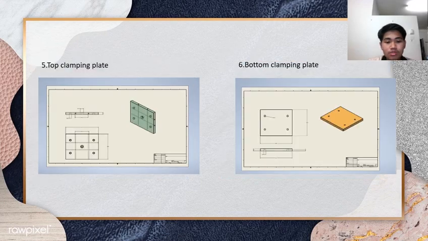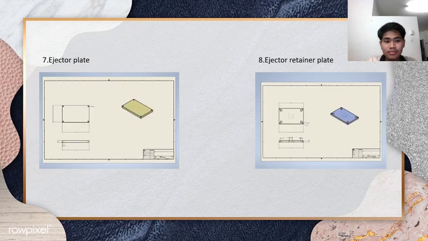The clamping plate is to hold the top mold. And the next one, the bottom clamping plate, is to hold the bottom mold. The last part is the ejector plate.